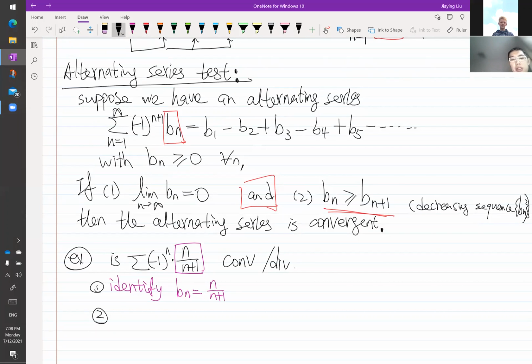Both have to be satisfied. So let's look at the first condition: the limit as n goes to infinity of bn, which is the limit as n goes to infinity of n over n plus 1. If you're familiar with this, you immediately know what the limit is. We can take the long way by dividing by n in both the denominator and numerator.